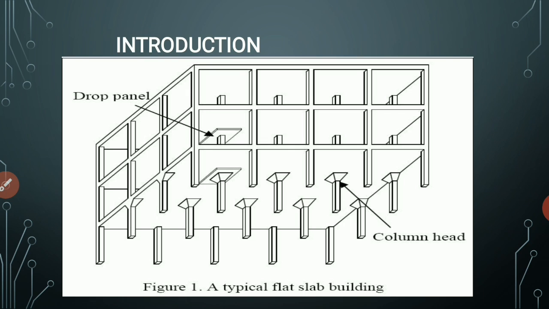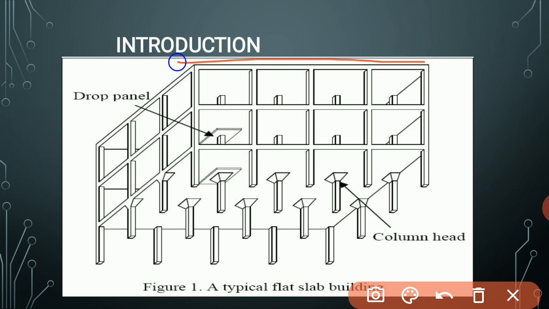A part of the slab bounded on each of its four sides by the center line of columns is called a panel. Now you can see here, this is a cut section of the slab. So this is the actual slab and it is cut, and these are the columns located at the appropriate junctions. Now just look at the head of the column.